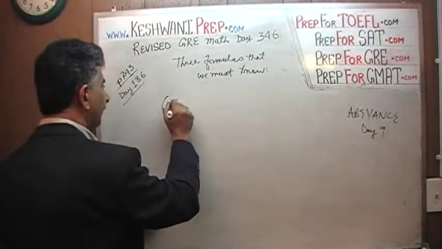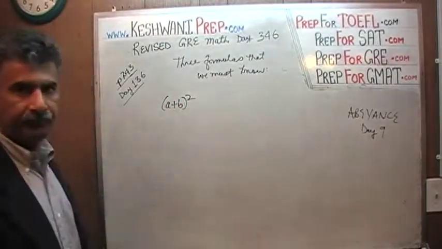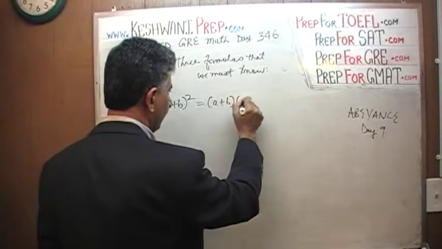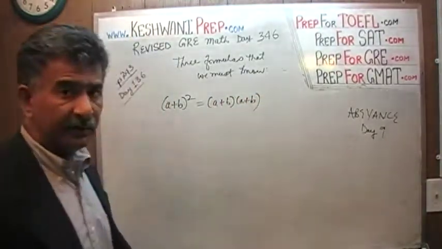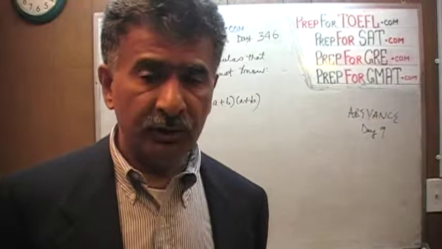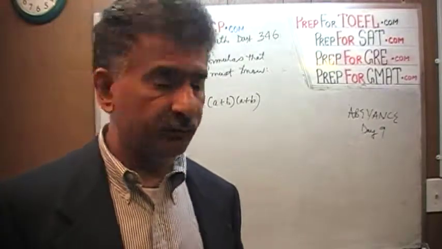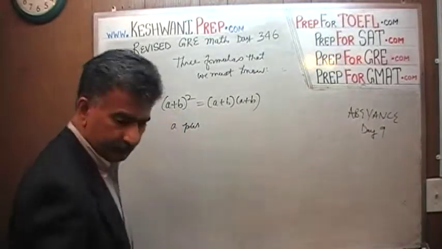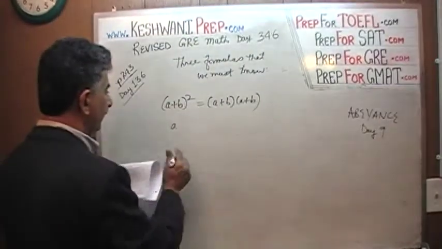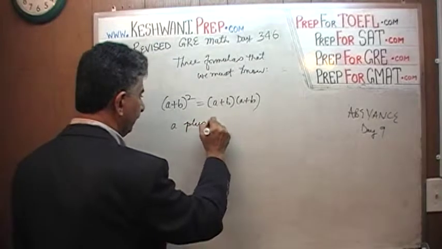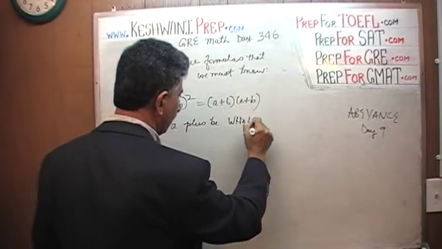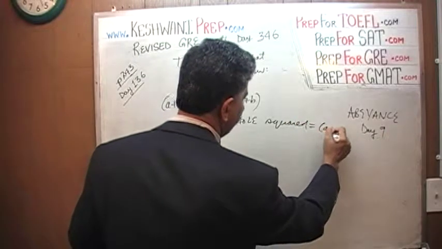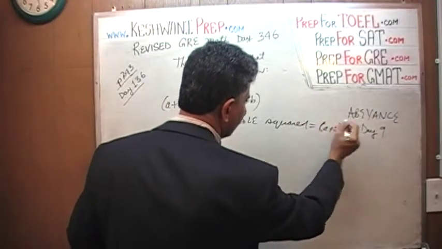The first one is (a plus b) whole squared. (a plus b) whole squared is simply (a plus b) times (a plus b). Now if it turns out that during the exam you can't remember what (a plus b) whole squared equals, this is read as a plus b whole squared, which means you take the whole thing and you square it.